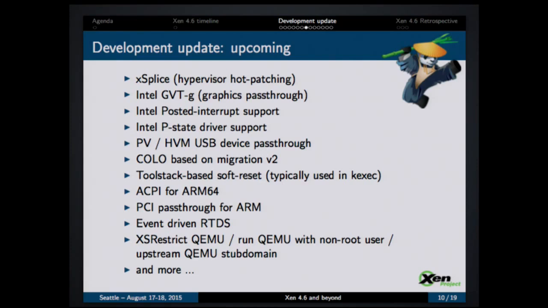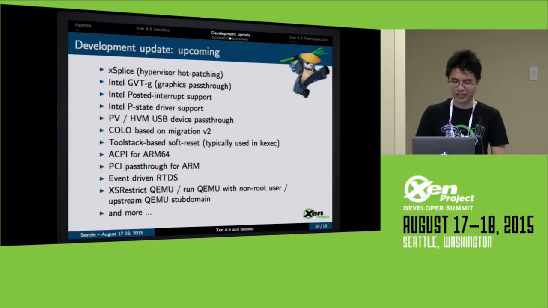And then there are also the PV and HVM USB device pass-through and COLO based on migration v2 and all the other things. If you're interested in knowing any of them, just talk to me after this talk, and I'll try my best to explain them to you.